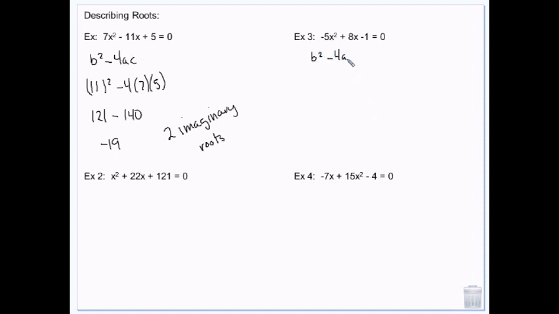Here, if I do b squared minus 4ac, I have 8 squared minus 4 times negative 5 times negative 1. So I get 64 minus 20, which is 44. So I'm going to have 2 irrational roots.